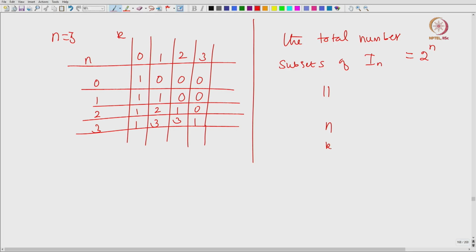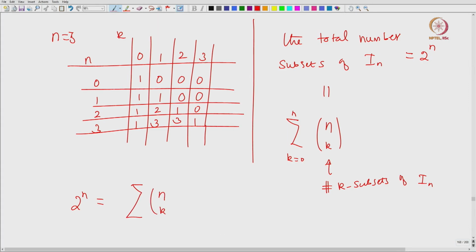So, this n choose k is exactly the number of k subsets of I n and if we count with respect to the cardinality then for k from 0 to n, this sum is going to give us all possible subsets of I n, which is 2 power n. So, this counting in two different ways tells us that 2 power n must be equal to the sum of n choose k, k ranging from 0 to n.